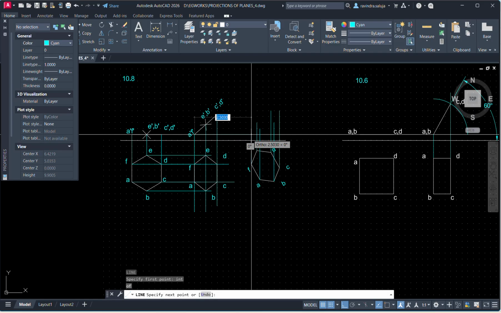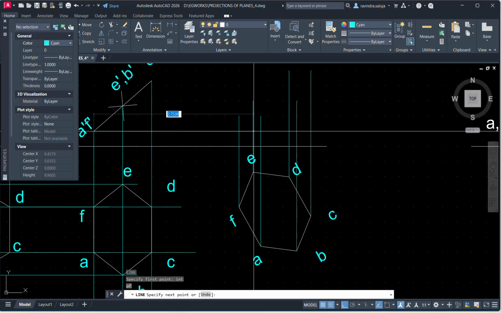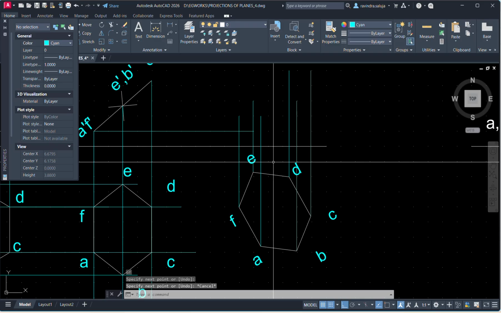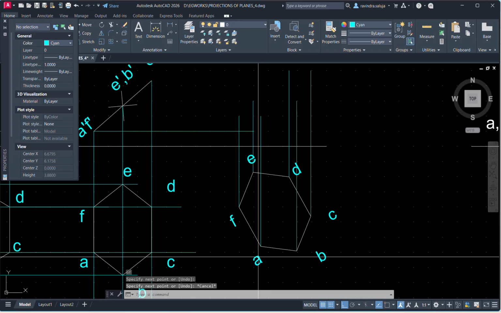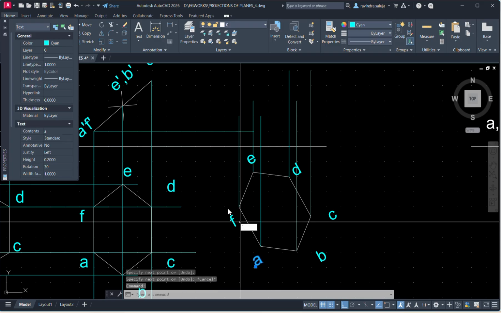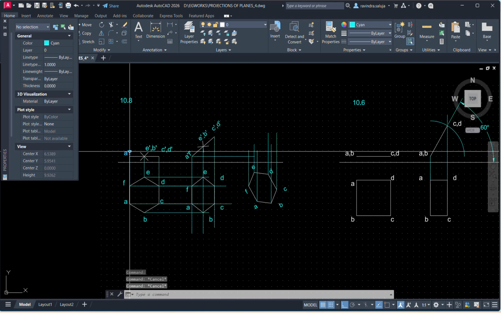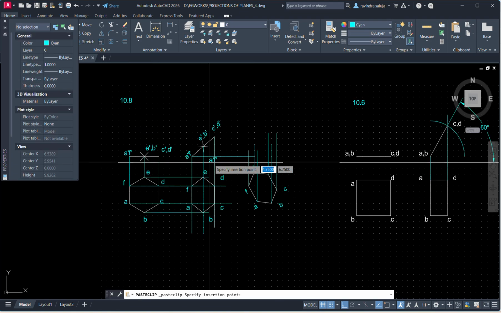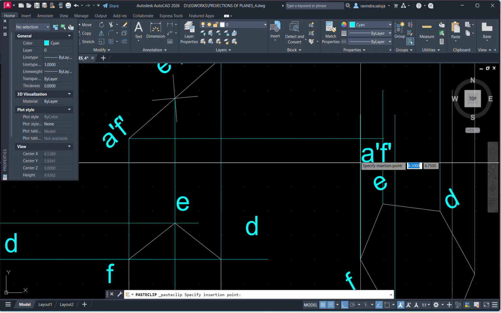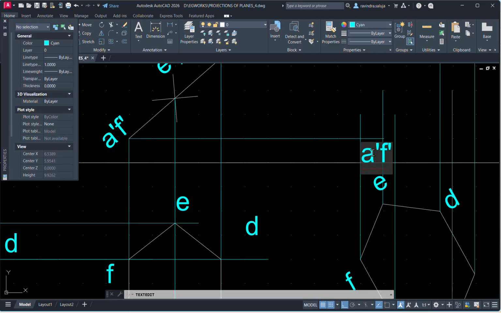So this one is your A. So carefully you have to transfer. So this becomes A. Okay. This one is your A dash.